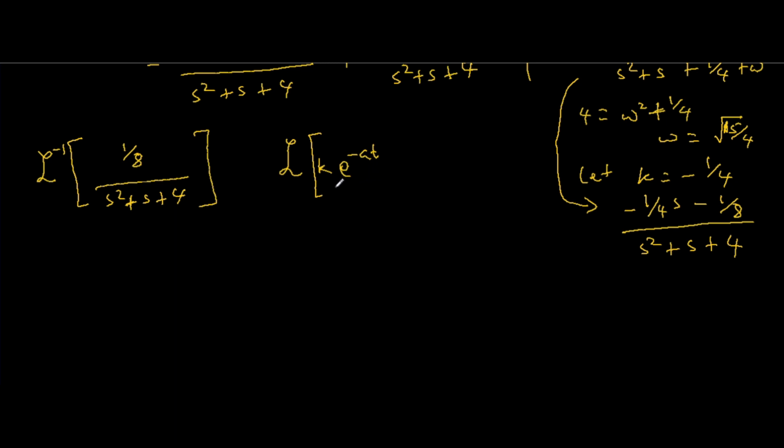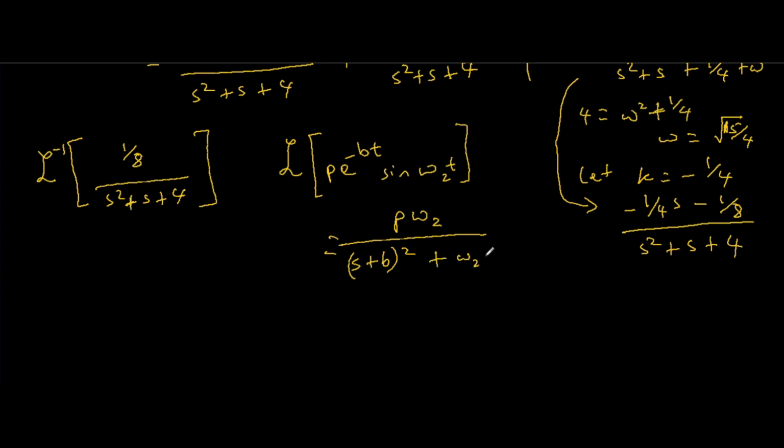Okay, so let me not use k and let me not use a, so we don't confuse it with other things that we've used before. Let me say p e to the power of minus bt sine of omega 2 t. If we find the Laplace transform of this, this will give us p, which is our constant, multiplied by omega 2 in this case, all over s plus b squared plus omega 2 squared.